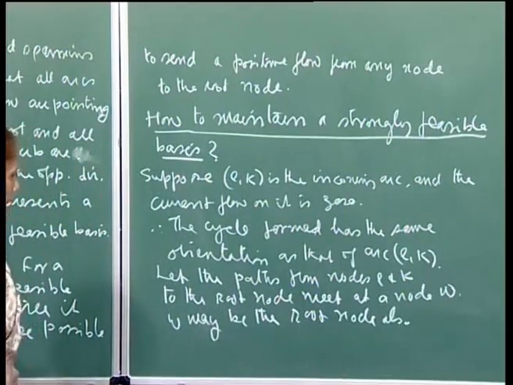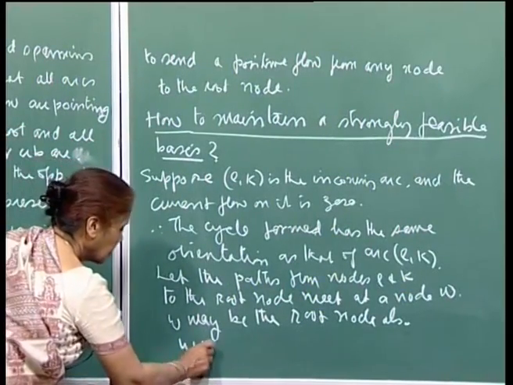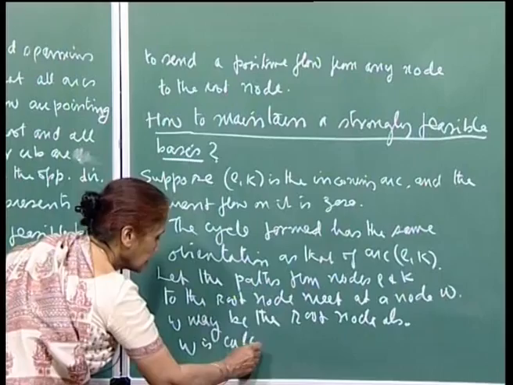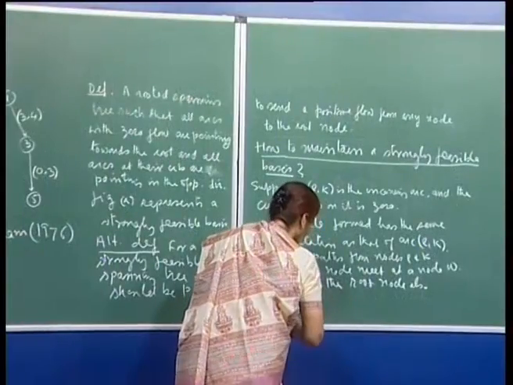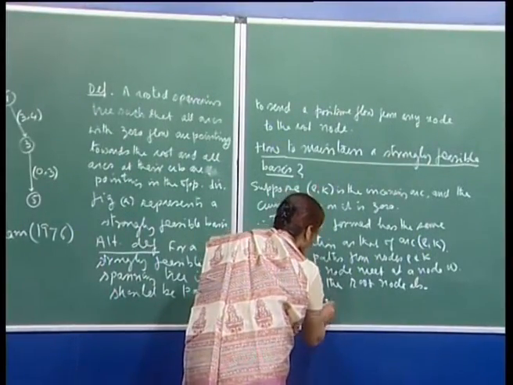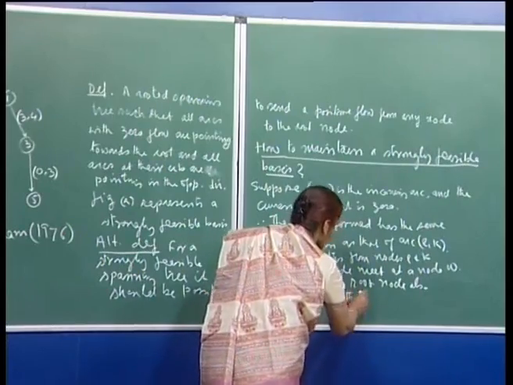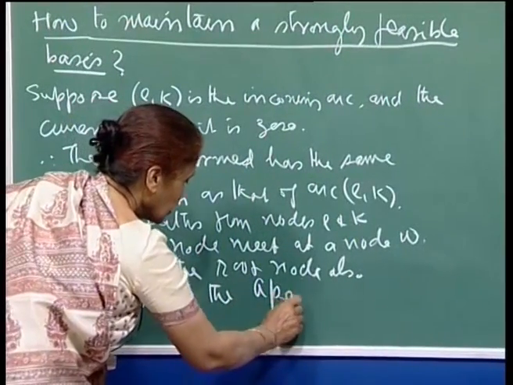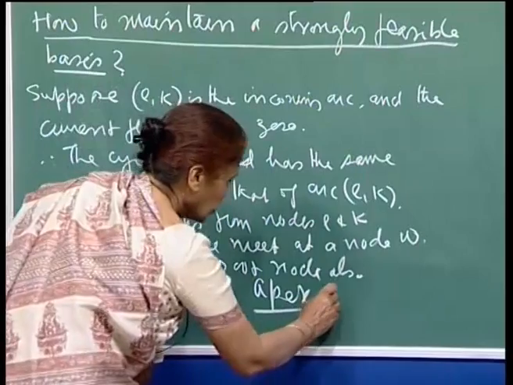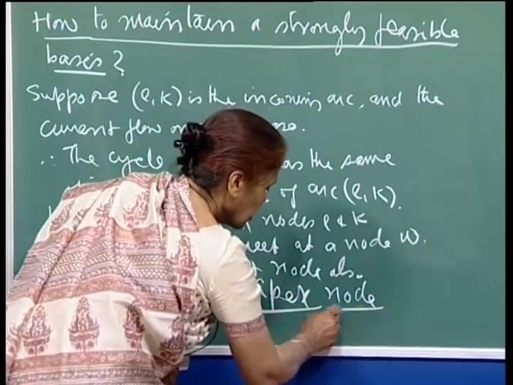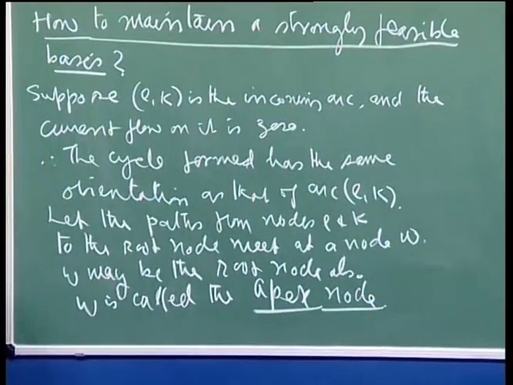Then W is called the apex node. Okay, it's the apex node, right.